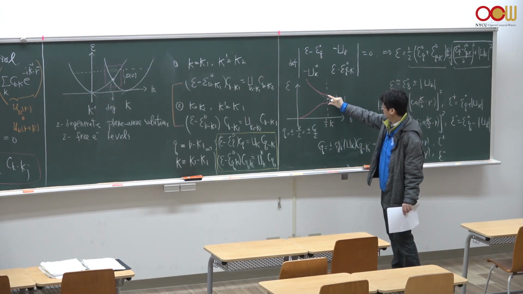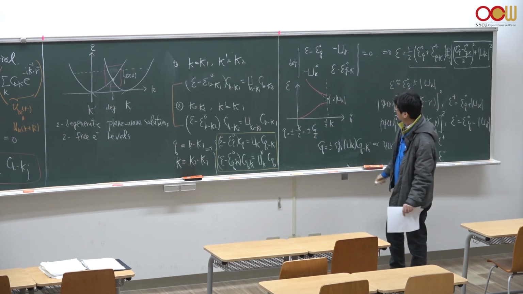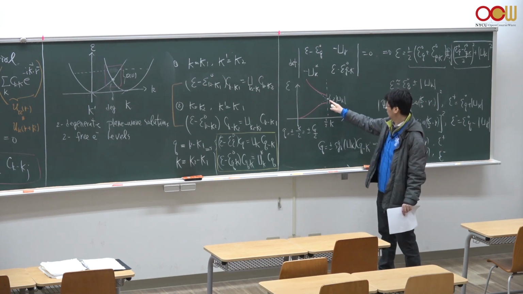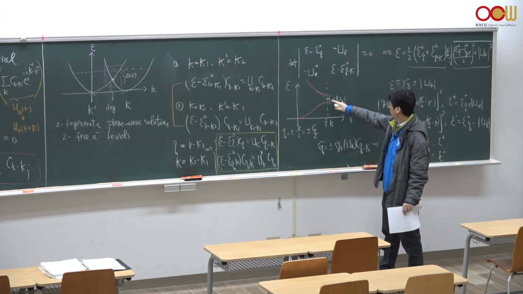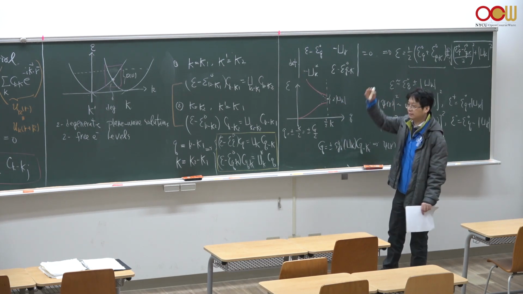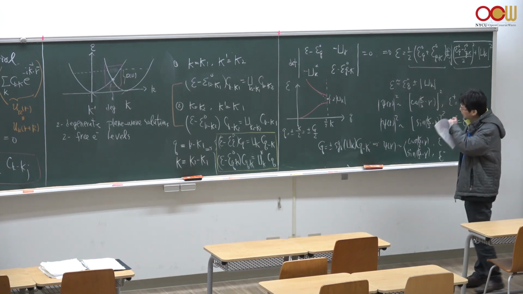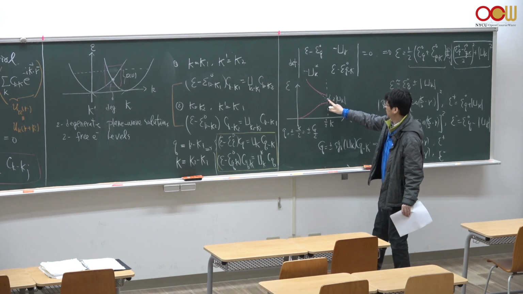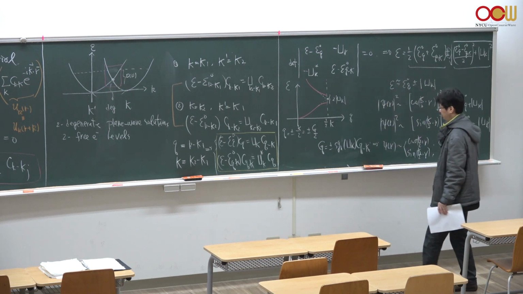Instead, they avoid crossing each other. The lower band is bent towards a lower value than the intersection point, and the upper band is bent such that its value is larger than the intersection point.